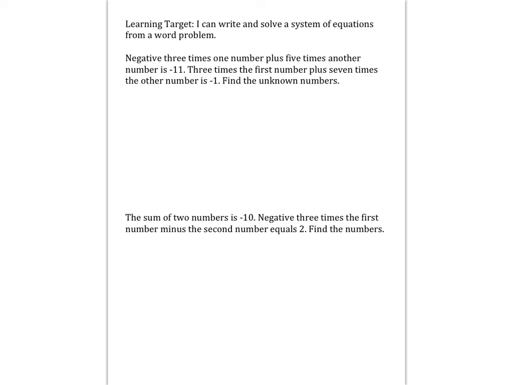-3 times one number plus 5 times another number is -11. Okay, so let's write that one out, and we'll call x the first number, and we'll call y the second number.